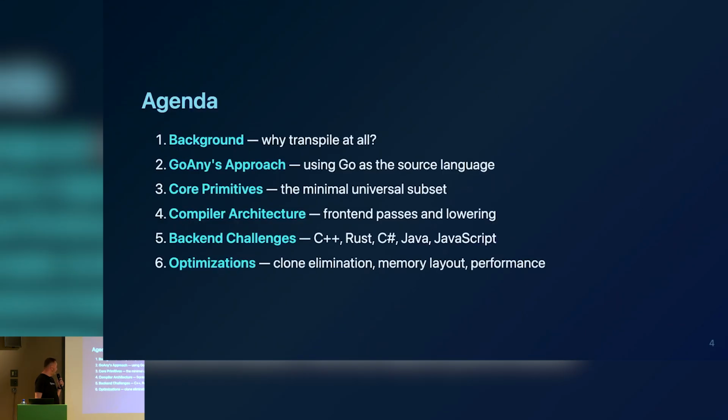So the background, what's the concept, what's the problem that I want to solve, then the approach that I've taken in this project, which primitives are used, then I will tell you about compiler architecture and backend challenges that I had working on this project. And then, last but not least, I will be talking about optimizations.